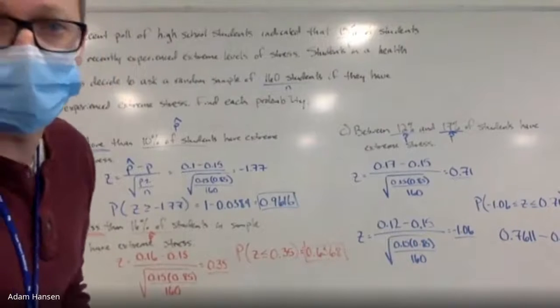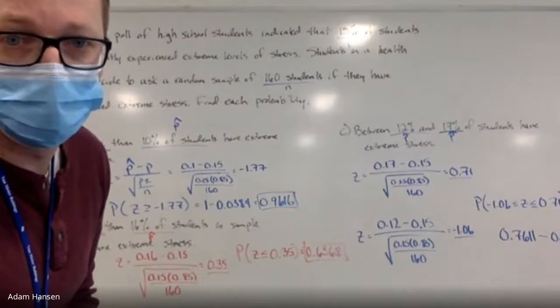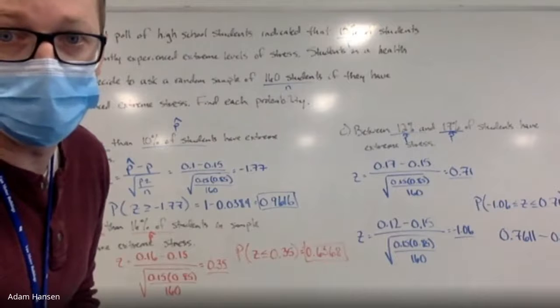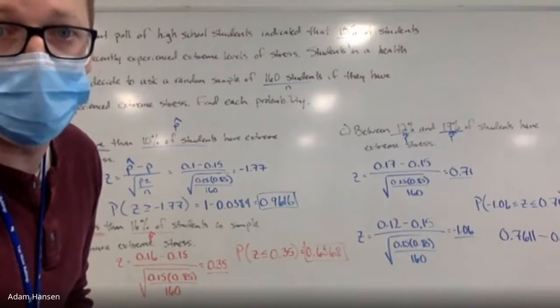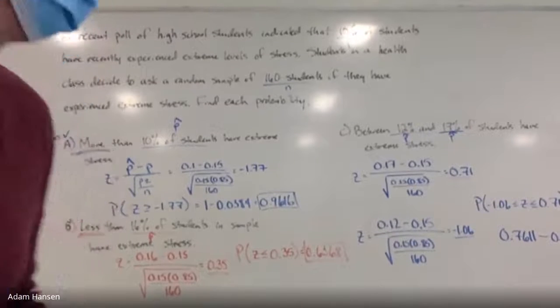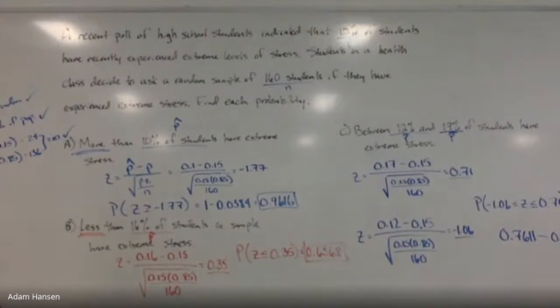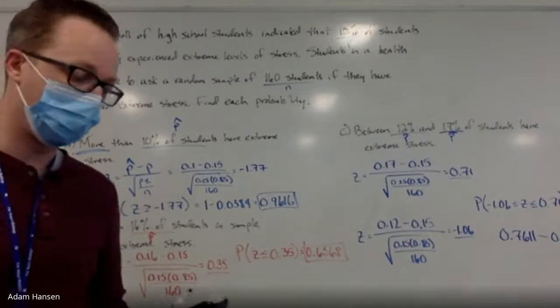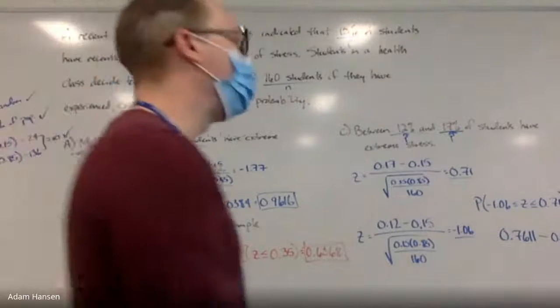Negative 1.06 is that number. 0.71 was that number. So we need the difference in the two. 0.7611 minus 0.1446 is 61.65%.